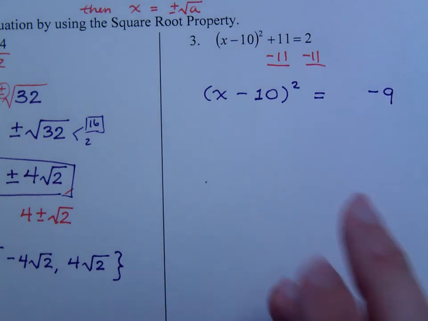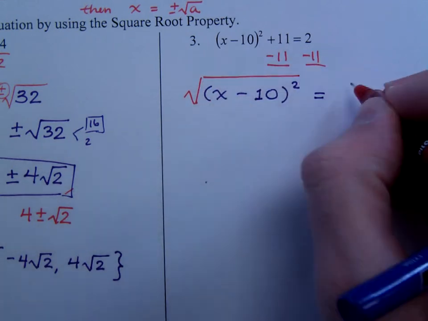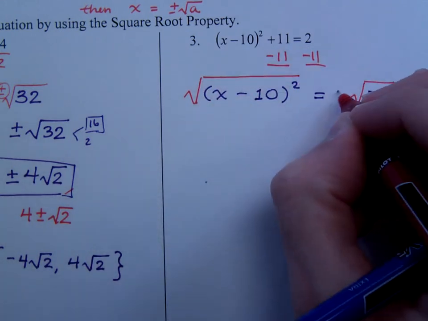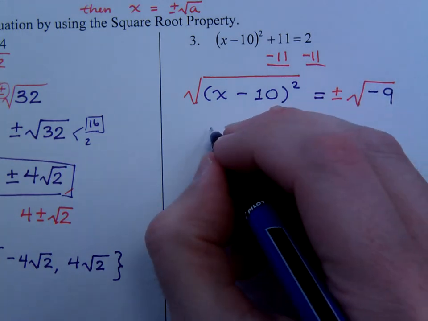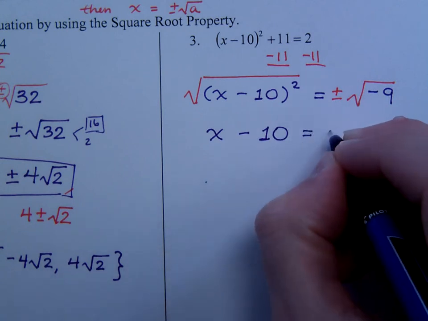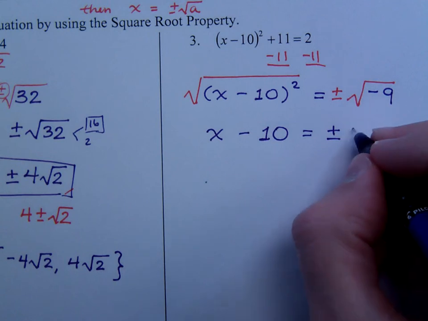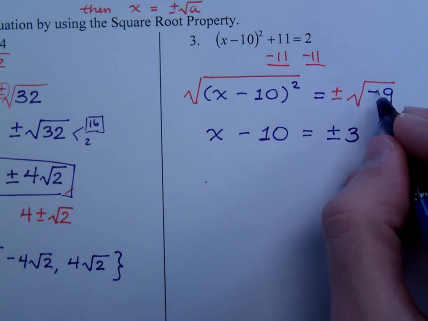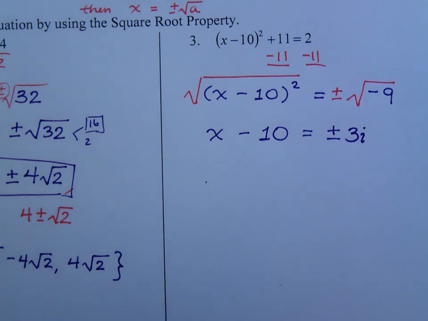So now that you have the square by itself, we apply the square root property, remembering plus or minus. So on the left side, this just gives me x minus 10. On the right side, we have plus or minus. And remember, the square root of 9 is going to be 3, but the negative inside gives you an i on the outside.